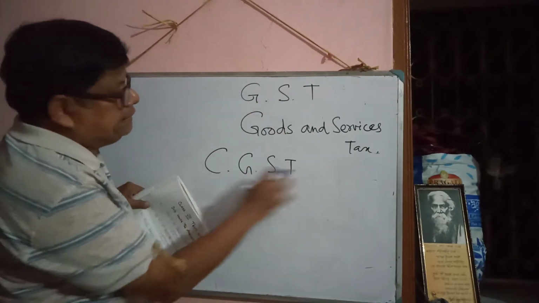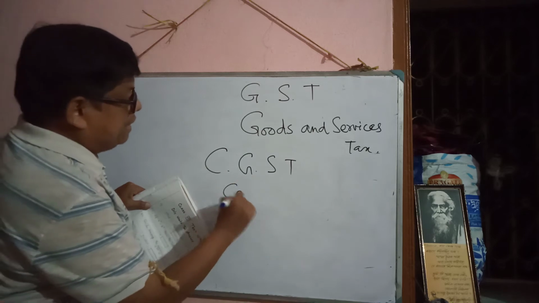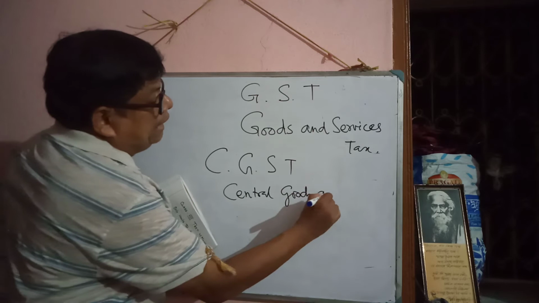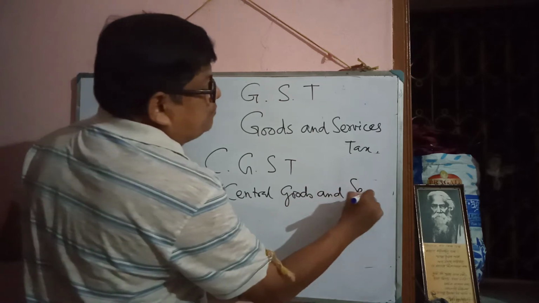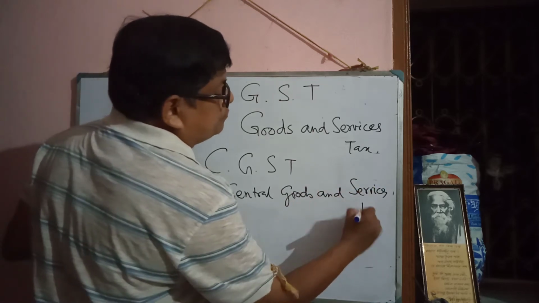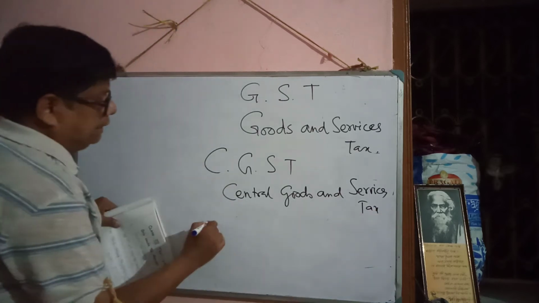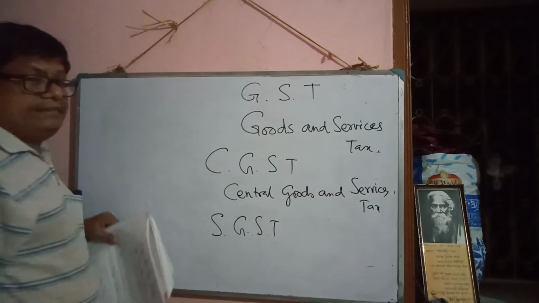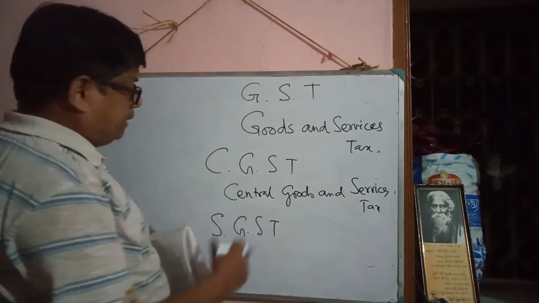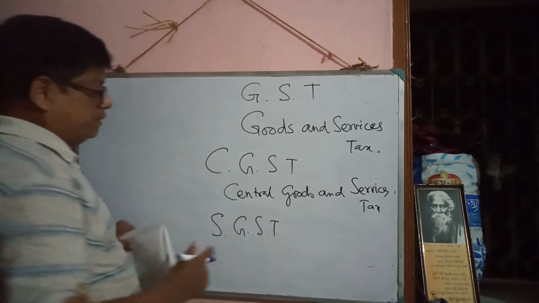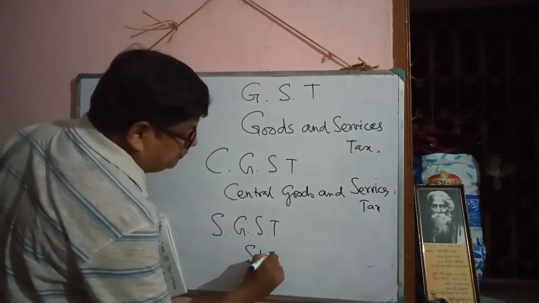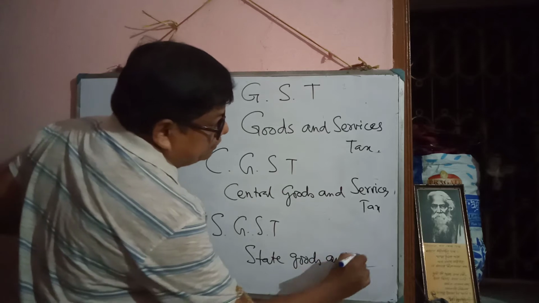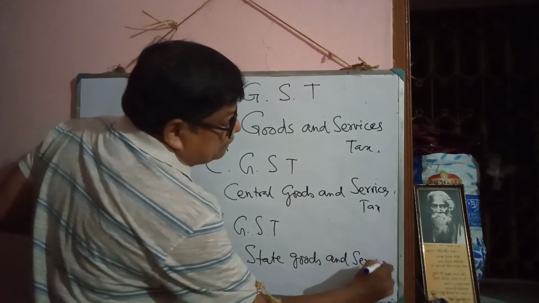Central GST, CGST, this is central goods and services tax, and SGST, right? SGST is not in your book, just to keep in mind. SGST will be state goods and services tax.